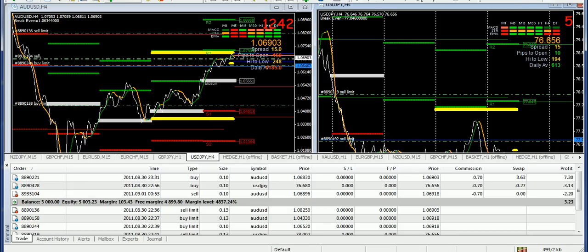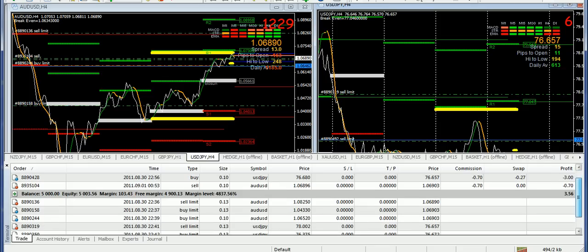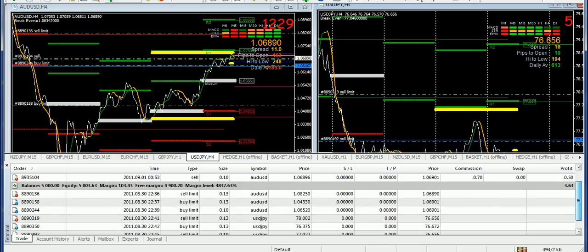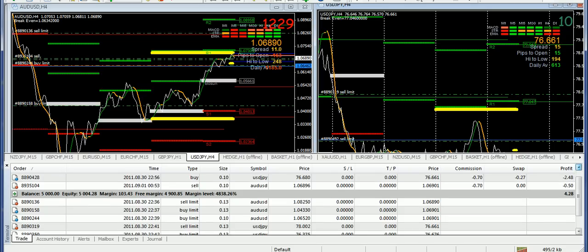We have established on the Australian dollar one sell at 106.89. Did you notice that we have established one sell at 160.89, and we're going to look down and look at our sell limits. We're looking to get a sell on at 108.250, so we've got a long way to go.